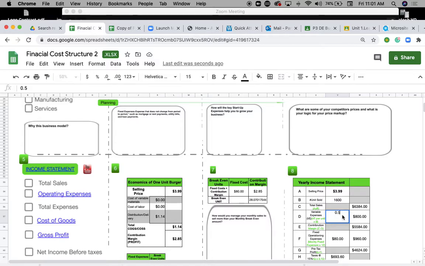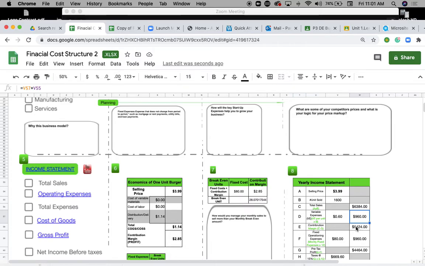If I even add 60 cents, it changes. That's the variable expense per unit. And what happens here? It deducts. So it times it, and also for this piece, C minus D. C minus D gives you the money right here. And contribution margin, so this is your profit so far.